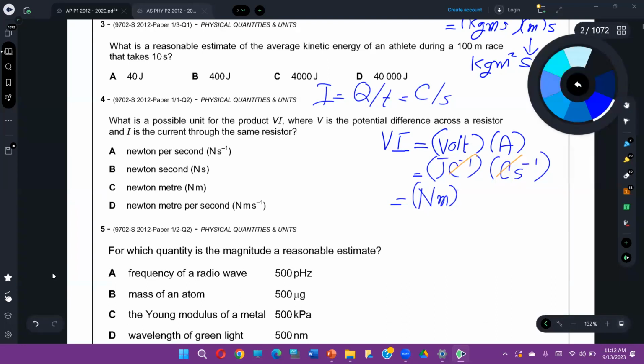Because it's C to the power -1 and C to the power 1. O-level maths: x power 1 into x power -1 is x power 0. So it cancels. What is left? Newton meter second to the power -1.